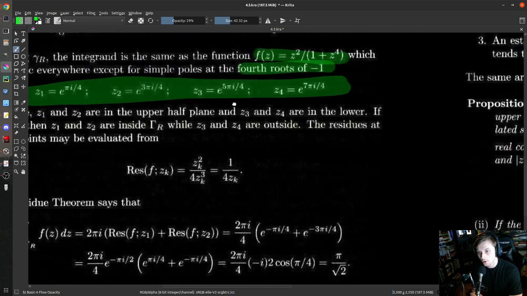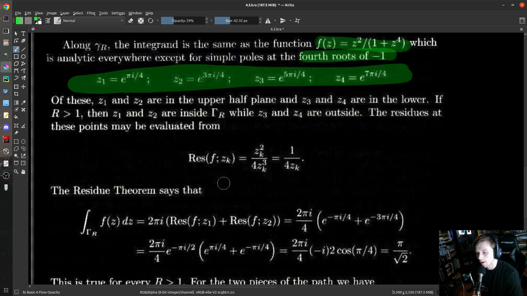Let's just do it with the top ones. In fact, we can calculate the residue of f at all of those points really easily, because it has a simple pole. So I take the derivative of the bottom, and I get 4z to the third on the bottom and z squared up top.